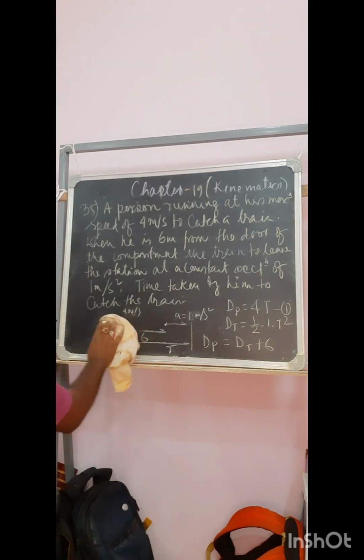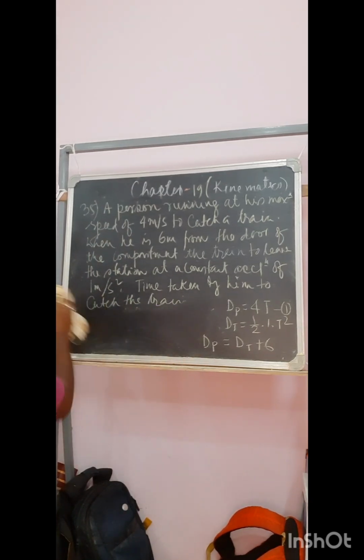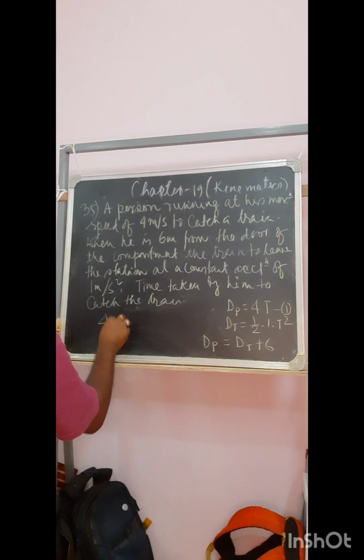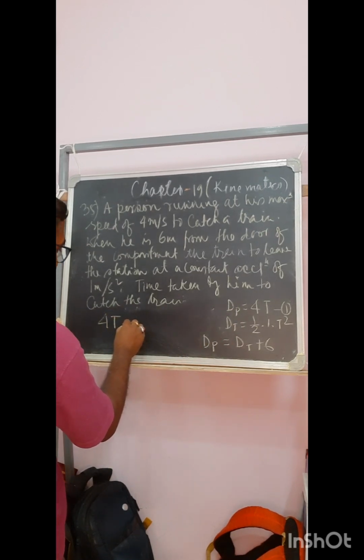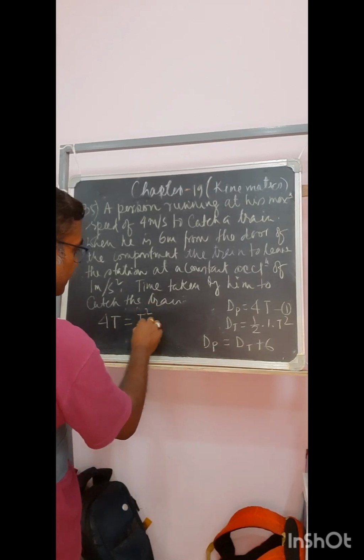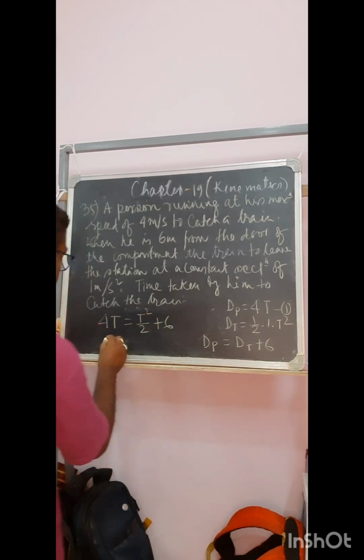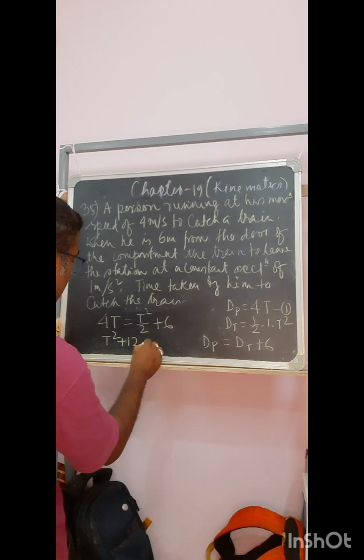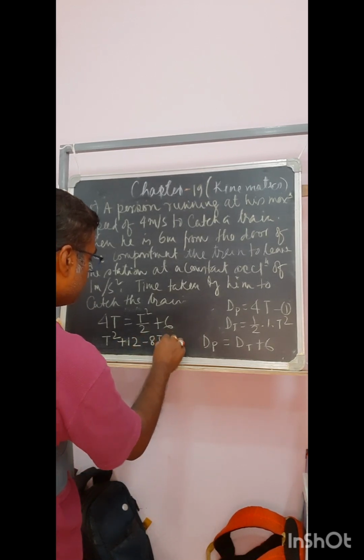Now I put the respective values: dp is equal to 4t, and dt is equal to t square by 2 plus 6. Now if I calculate it, I will get t square minus 8t plus 12 equal to 0.